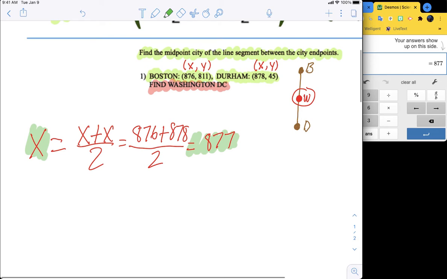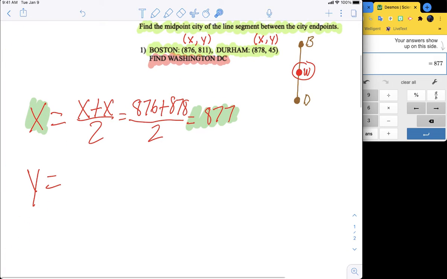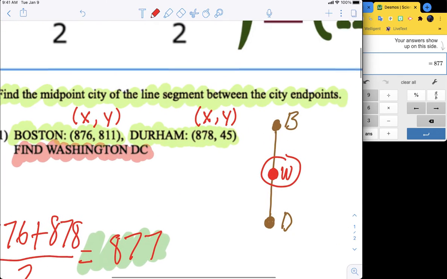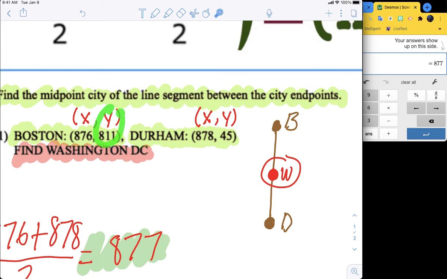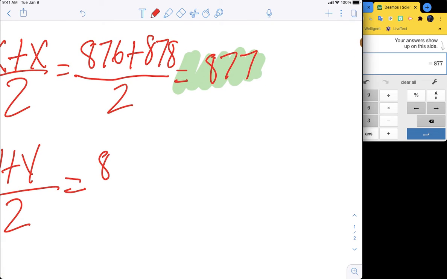Let's find our y now. To find y, we do y plus y divided by 2. Well, what are our two y's? Our two y's are 811 and 45. So 811 plus 45 divided by 2.